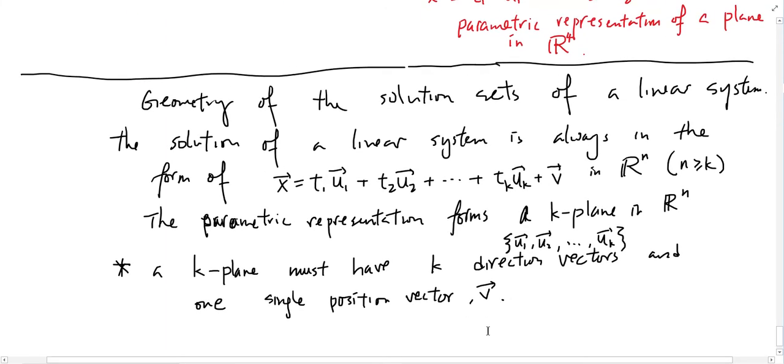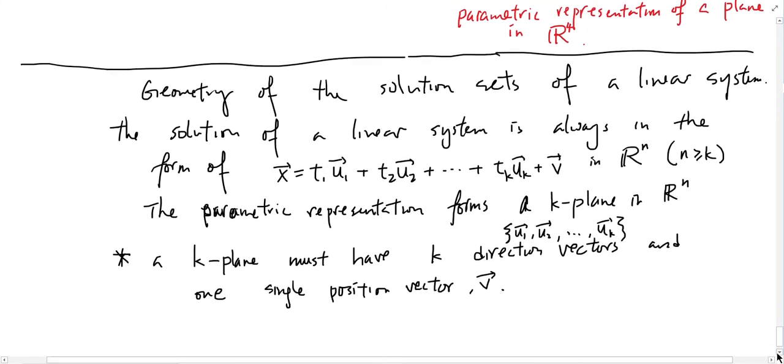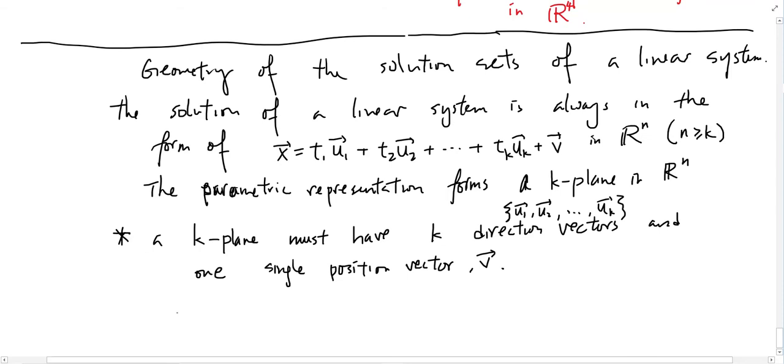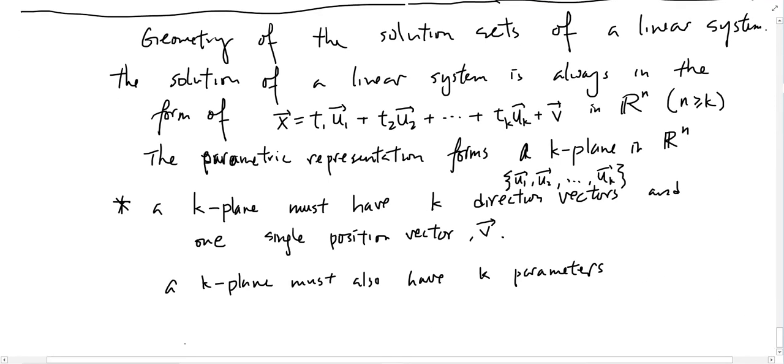Because it has k direction vectors, a k-plane must also have k parameters. Now, an interesting thing to note, and that will probably be the last thing I'm going to talk about because it's already past 30 minutes. Note the following.